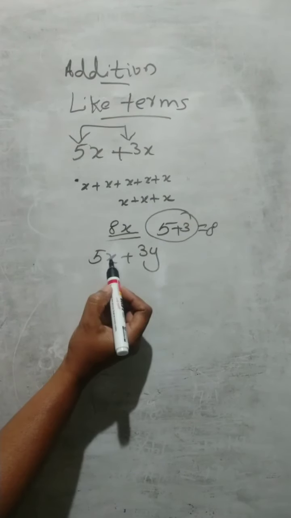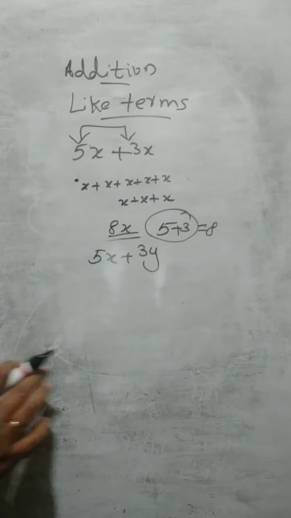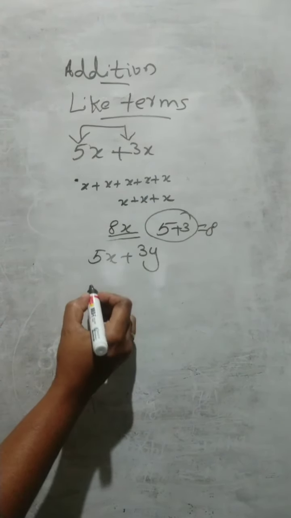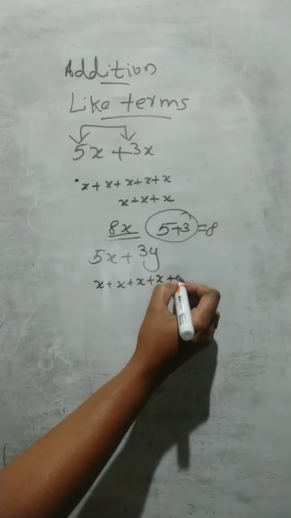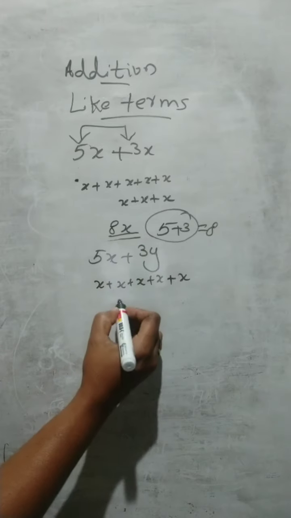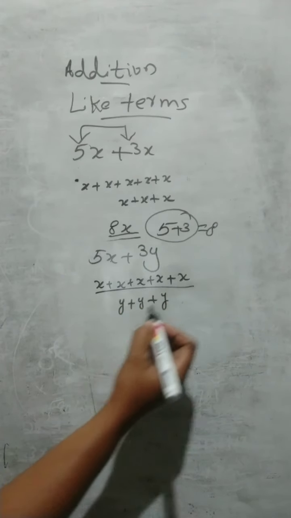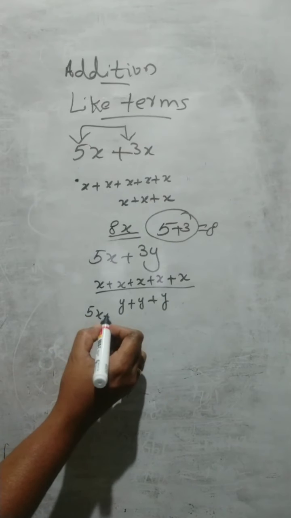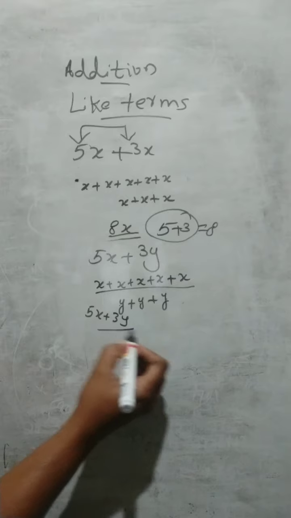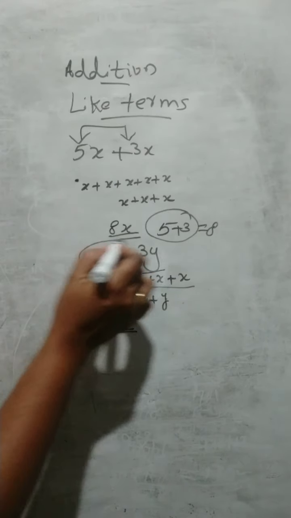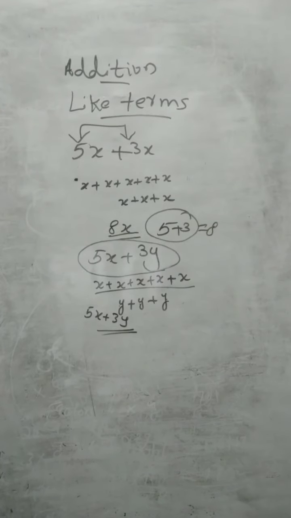The variables are different here, whereas in the previous example the variables were the same. Here 5x, and here 3y. The answer is 5x and 3y itself. So in that case we can't add. We have to write the same algebraic expression itself.